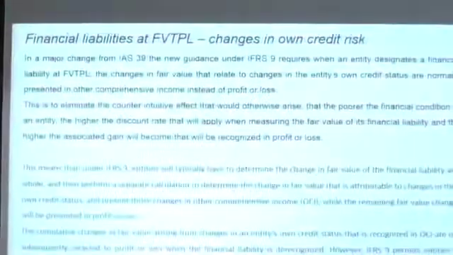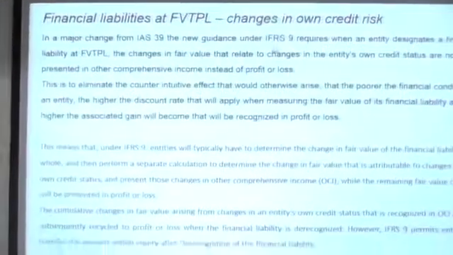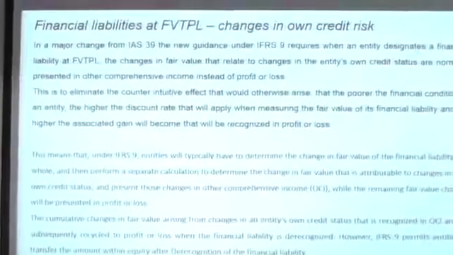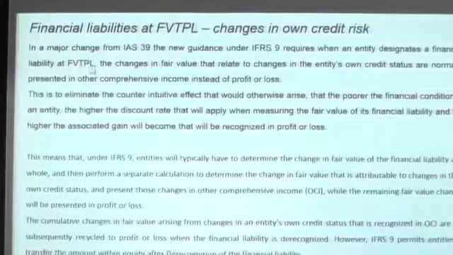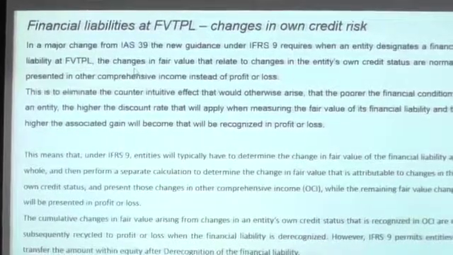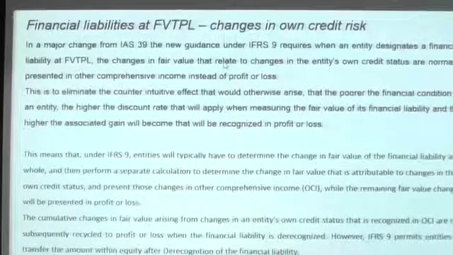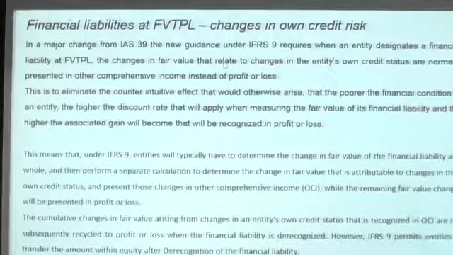A major change from IAS 39: the new guidance in IFRS 9 requires that when an entity designates a financial liability at fair value through P&L, the changes in fair value that relate to changes in the entity's own credit risk are normally presented in other comprehensive income.